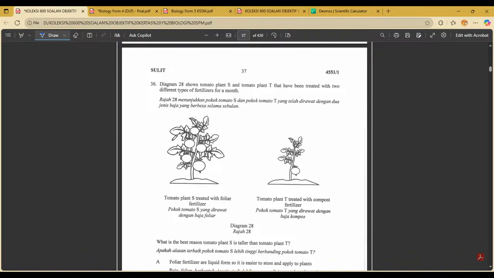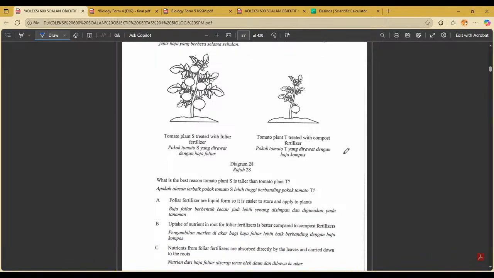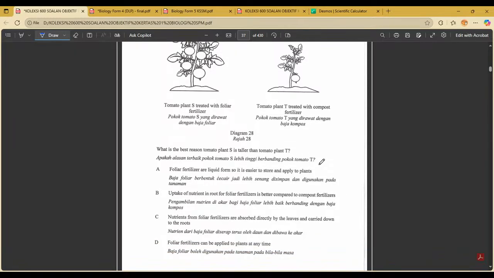Diagram 28 shows tomato plants S and T treated with two different fertilizers: foliar fertilizer and compost fertilizer. What's the best reason tomato plant S is taller than tomato plant T? What's foliar fertilizer? This sounds wrong. This also sounds wrong. What are foliar fertilizers?